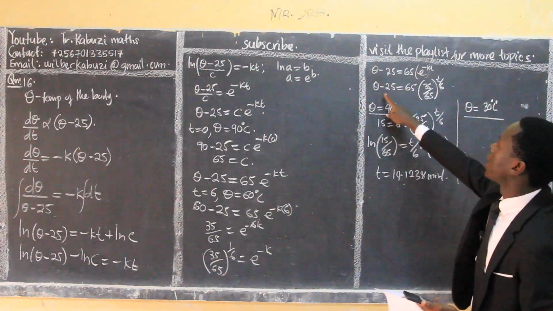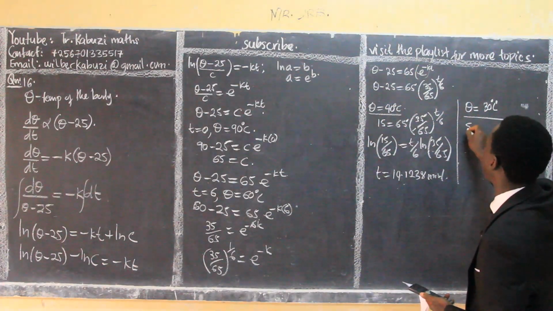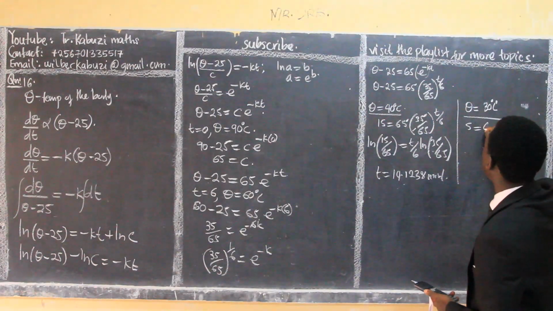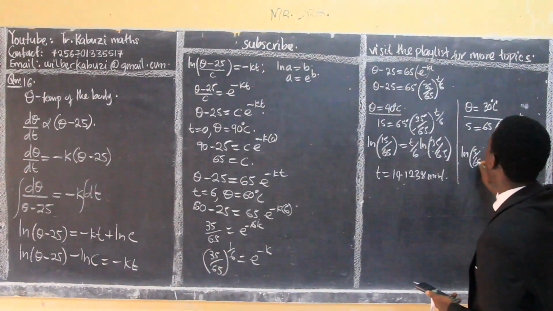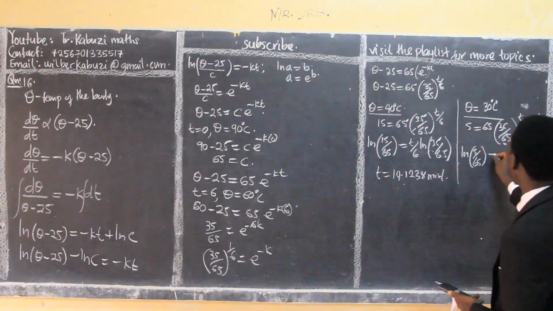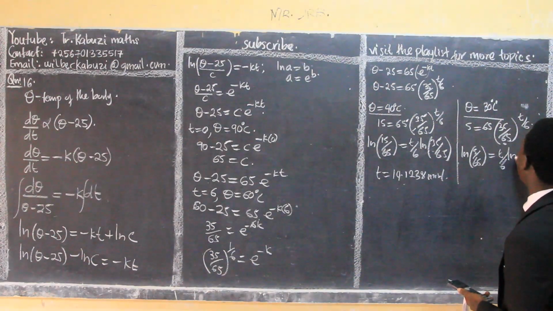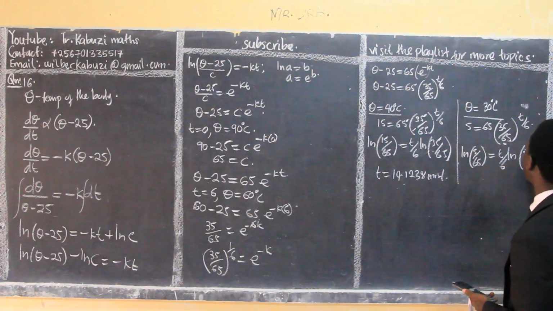And I come to when my theta is 30 degrees. When I put here theta is 30 degrees, I have 5 equals 65 into 35 over 65 to the power t over 6. Taking natural log, I have natural log of 5 over 65 equals t over 6 natural log of 35 over 65.